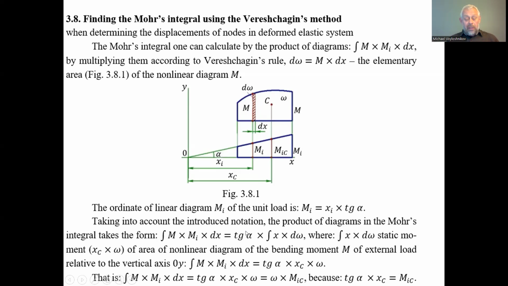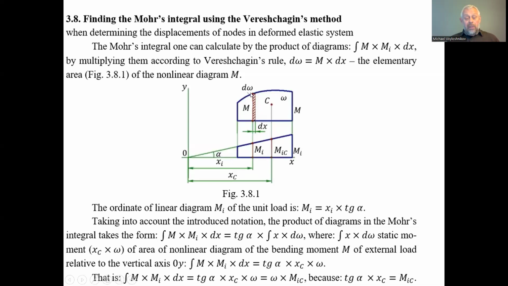Perhaps we know the angle alpha of the inclination of this side of the trapezoid of the second diagram. But we can deduct it out of the integrand, and we can leave in the integrand only the increment of the area corresponding to the definite abscissa magnitude.